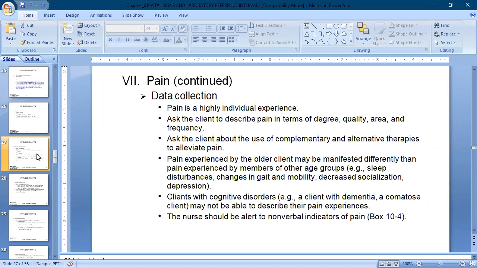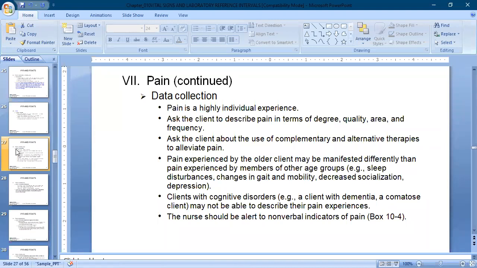Does it move around? What is the severity of the pain, meaning the scale from 1 to 10? Or associated signs and symptoms of pain, such as diaphoresis, tachycardia, or shortness of breath. And what was the time of onset, or is it constant pain or intermittent pain?